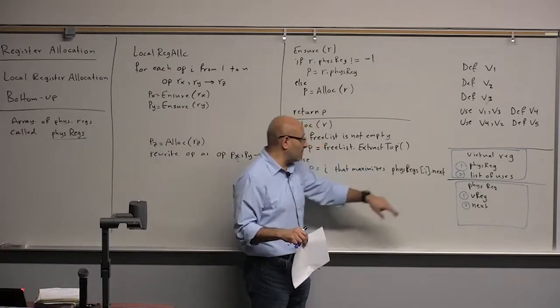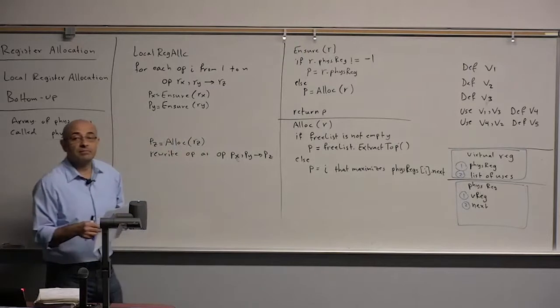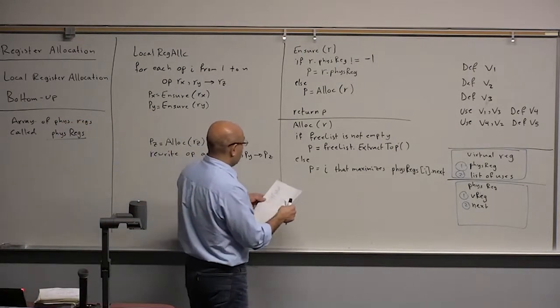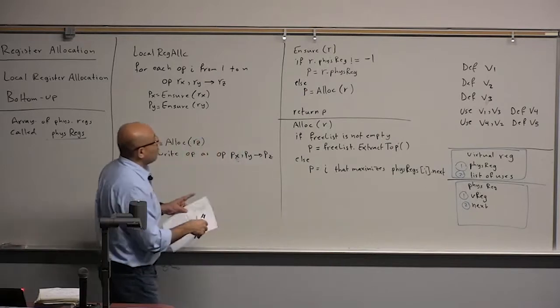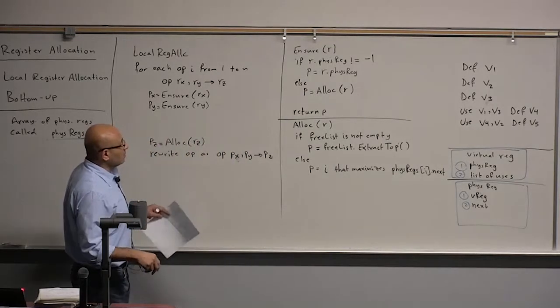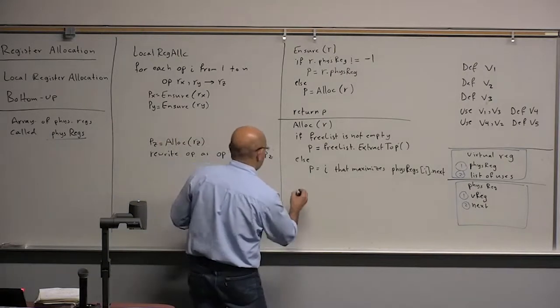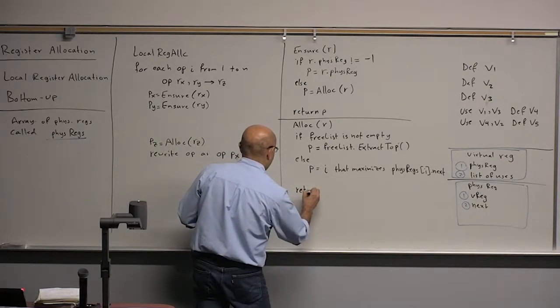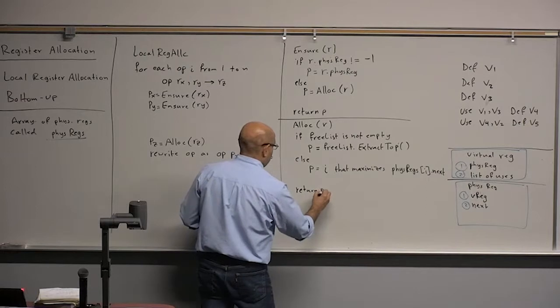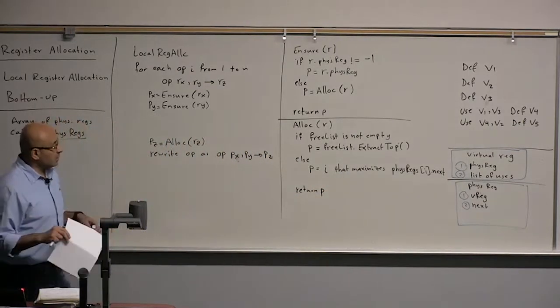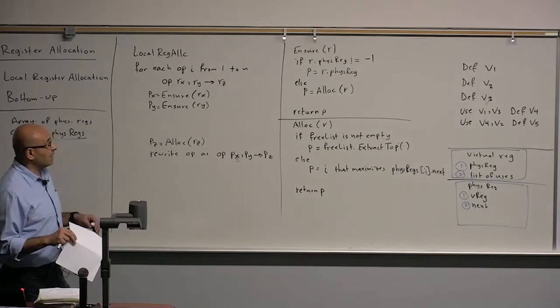Get the I with the maximum next. Okay, so there is something that we need to add here, and then return P. I'm leaving all of these blanks so that we'll see if we can figure out how to fill in the blanks.